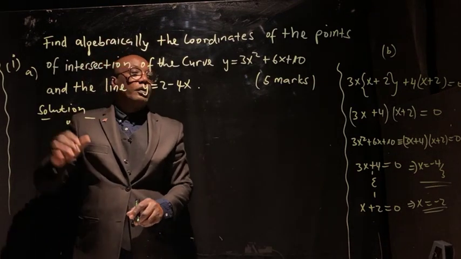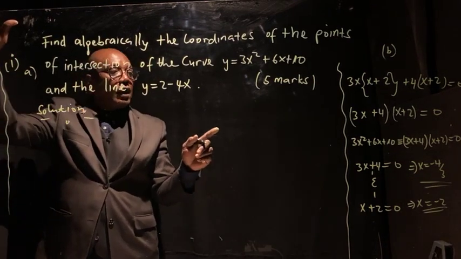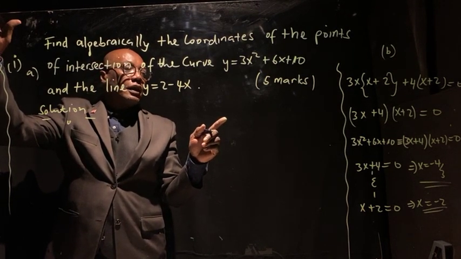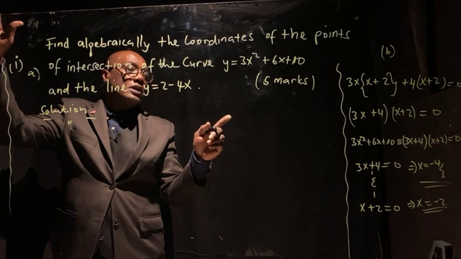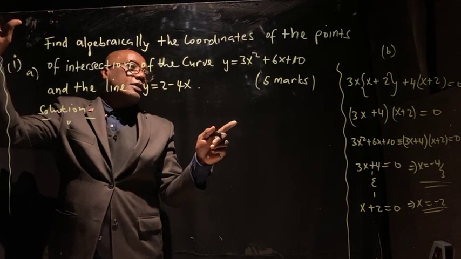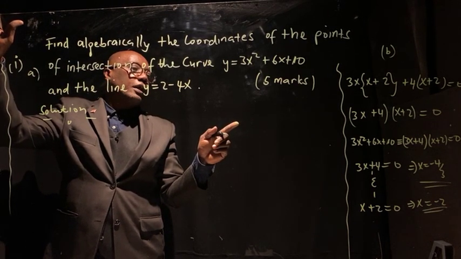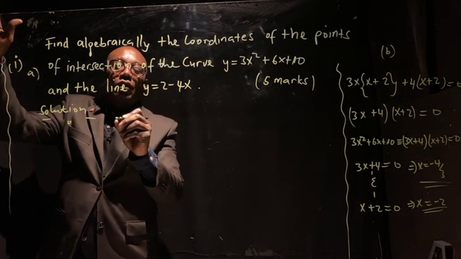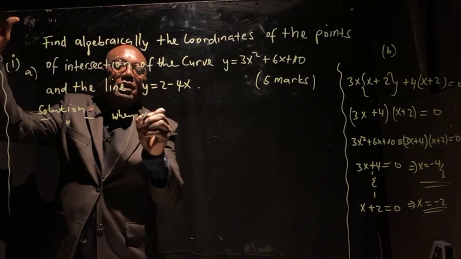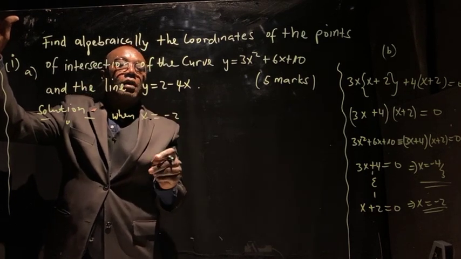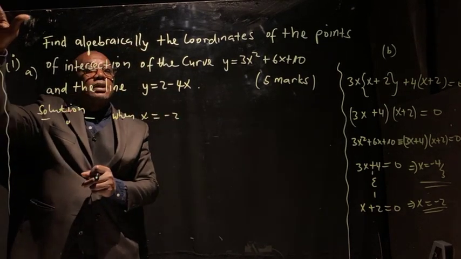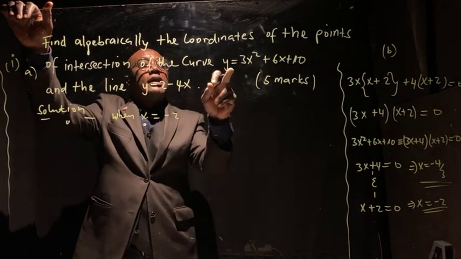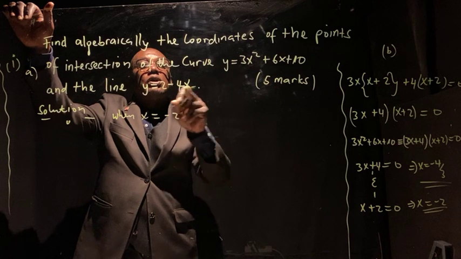Now we are continuing again. We have seen that the x coordinates of the points of intersection are x equals minus 4 over 3 and x equals minus 2. So let's start with x equals minus 2. What will be the y coordinate at the point of intersection? You can either use this equation to find the y value, or you can use this equation.